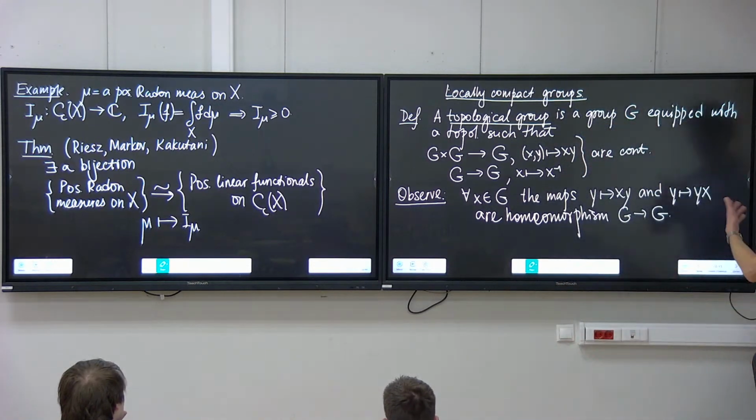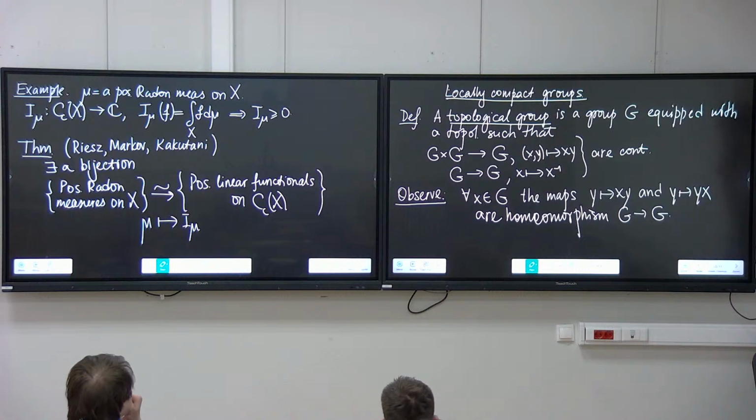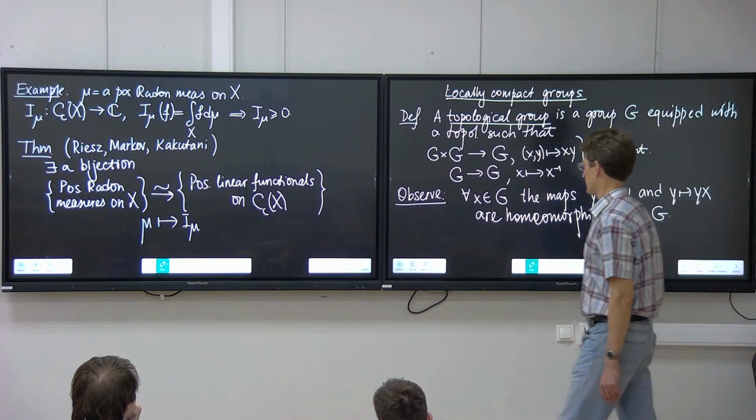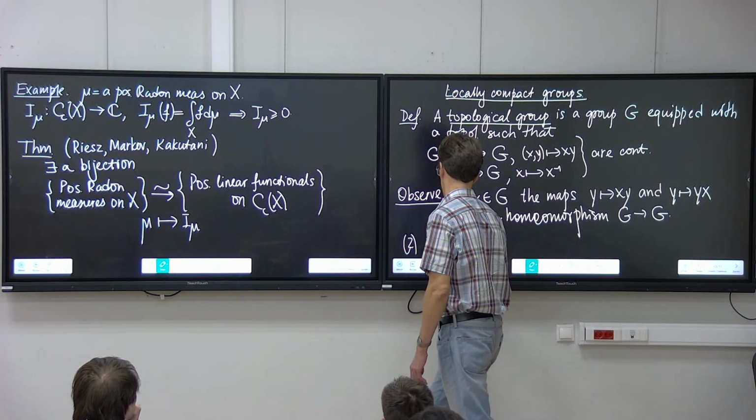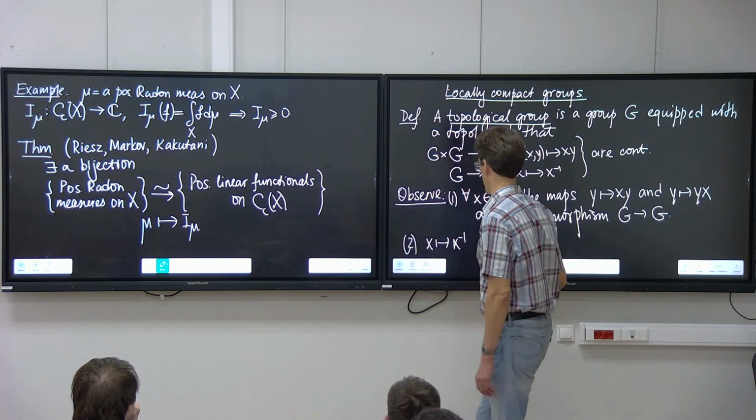This is obvious because they are continuous and one-to-one, and the inverse maps are also continuous because they are multiplications by x inverse. This is observation 1. Observation 2 is that the inversion map is also a homeomorphism.